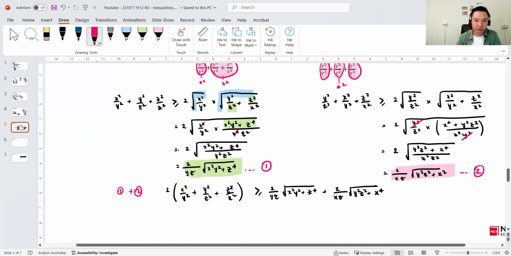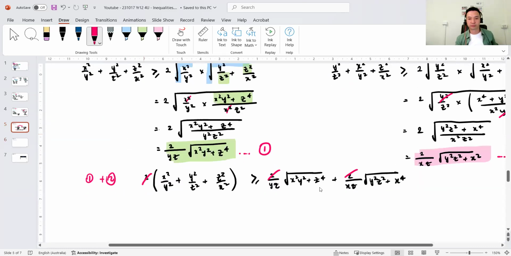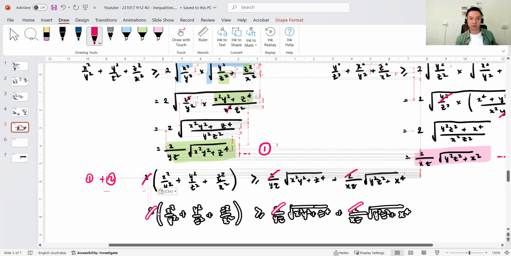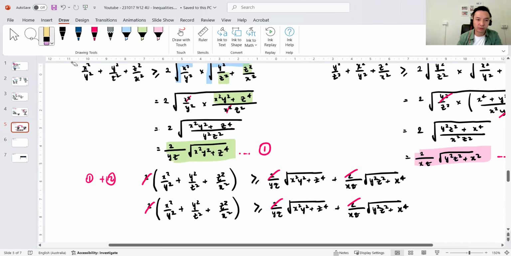Take 2, 2, 2, and therefore, copy and paste that. Therefore, I have what I want. Tick, tick.